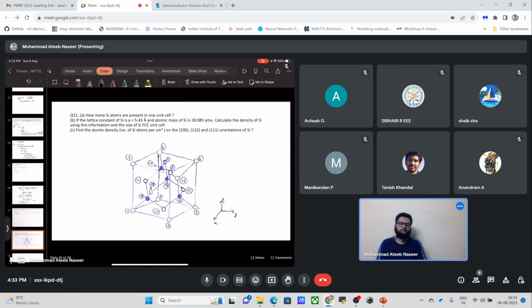Anyone? 8 atoms are at the corners and 6 at the faces. Yes, you are absolutely correct, Tanish.